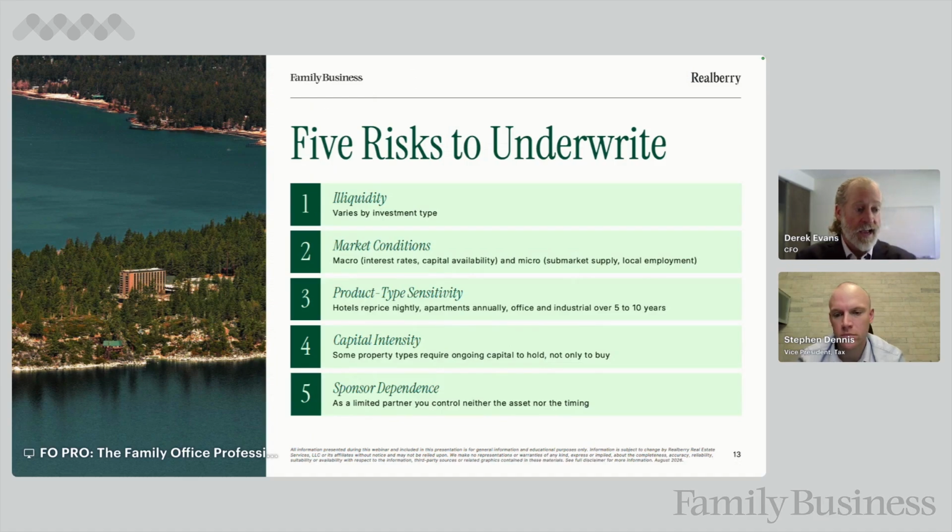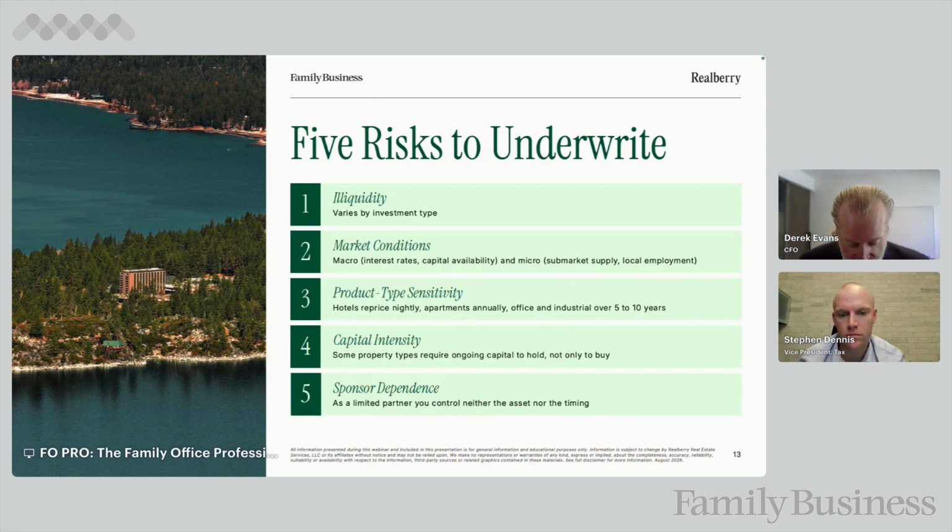And then you have micro market conditions as well, where it could be the supply in a certain market. It could be, we see a lot of this now, the wildfire risk, convective storm risk, all of those things. And so understanding whether it's by the overall sector or a given product type, what those market conditions are that may impact your investment is important.